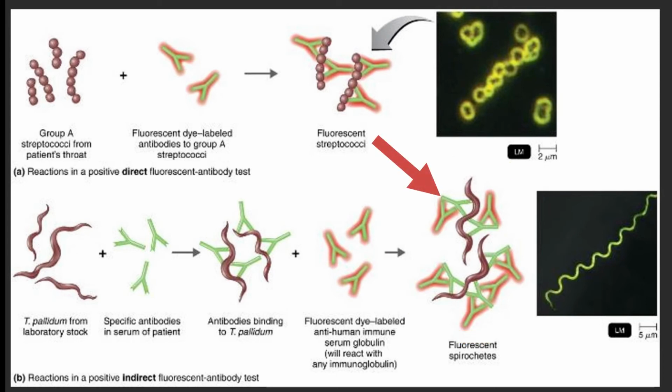So they bind to the patient antibody, and if there was no patient antibody there, then they would not bind, they would get washed off, and you would see nothing on that microscope slide, right? So they do not bind antigen, they bind the antibody that the patient provided. And there we have an example of a positive indirect fluorescent antibody test.